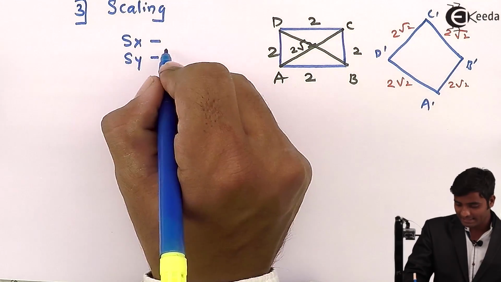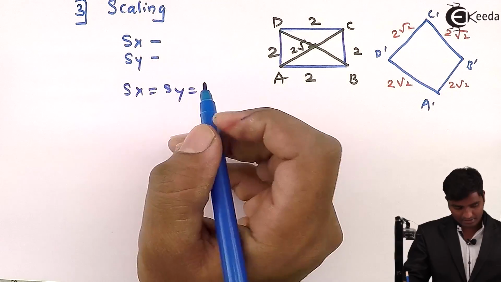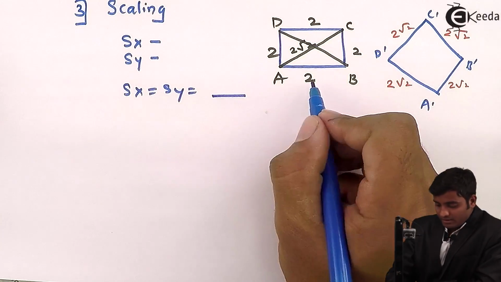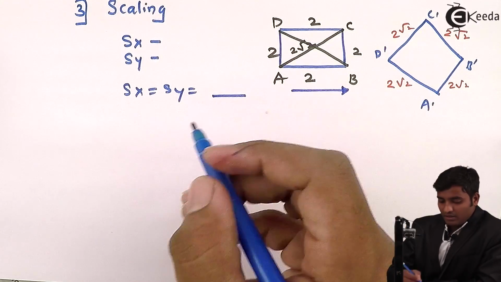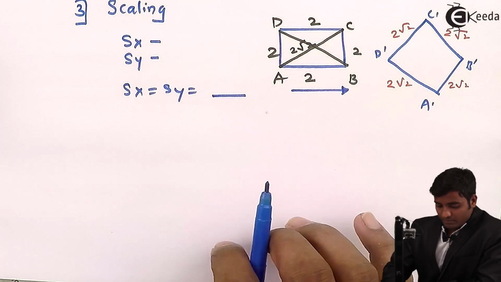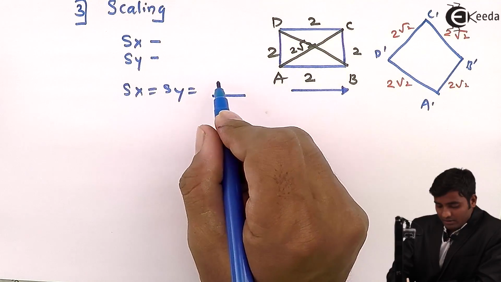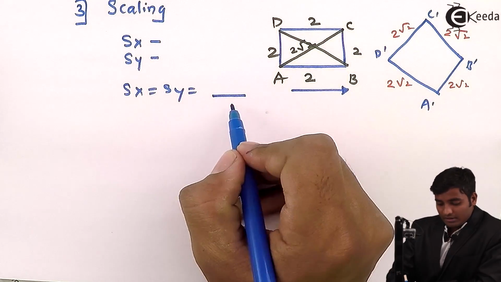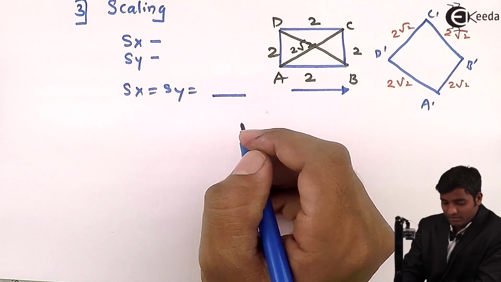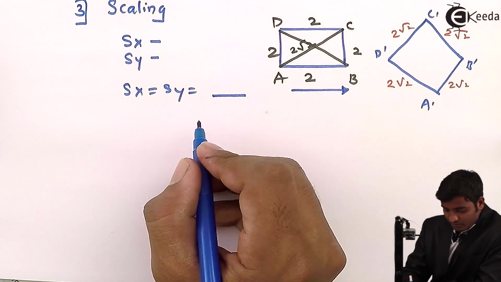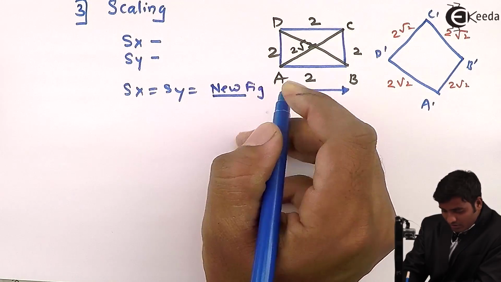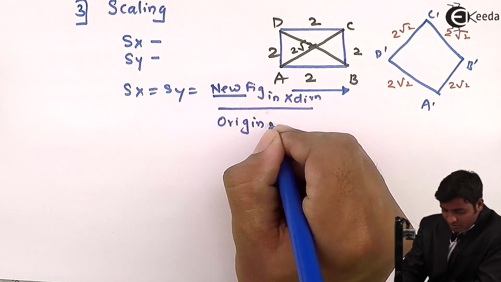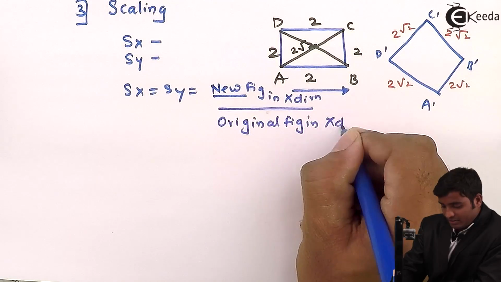So I can calculate Sx equal to Sy. The formula for scaling is the change in x direction upon the original change in x direction, that is, new figure in x direction upon original figure in x direction.